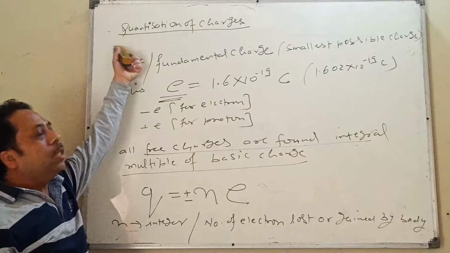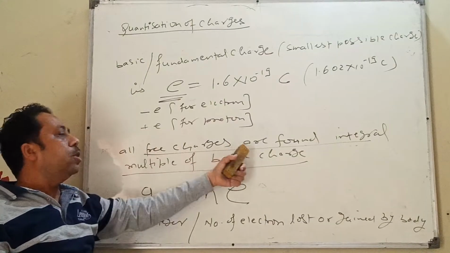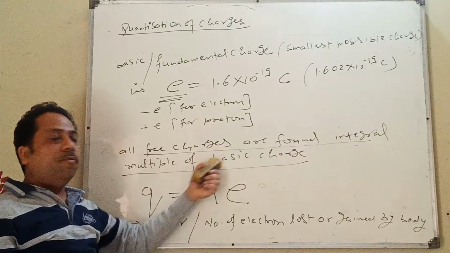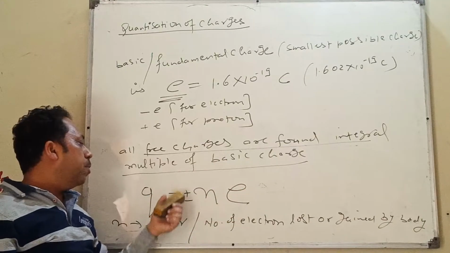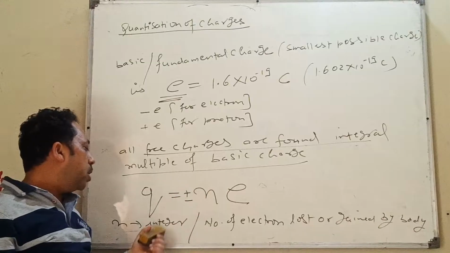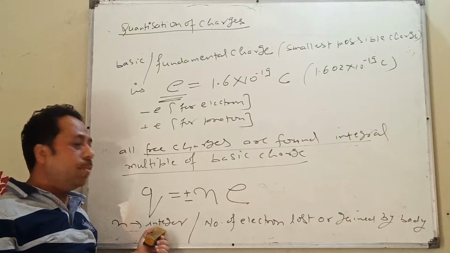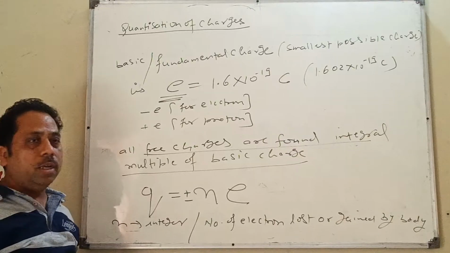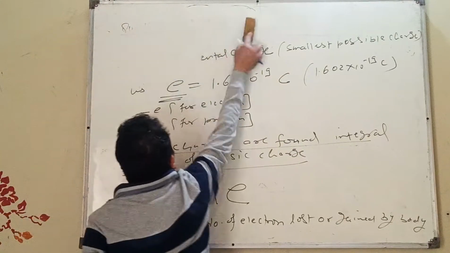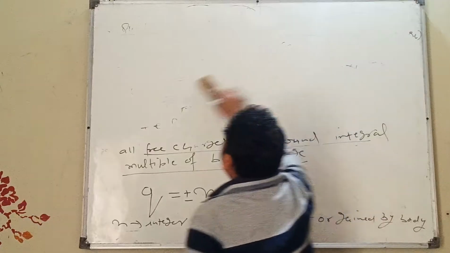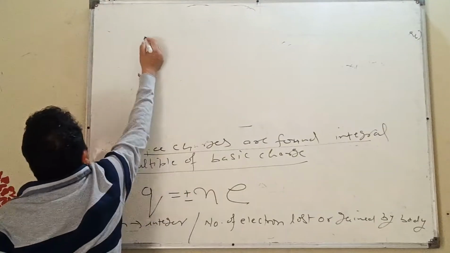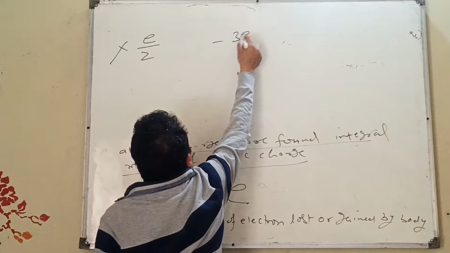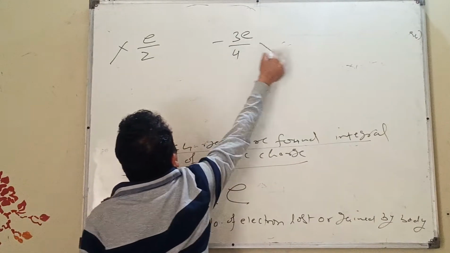And quantization indicates that all available charges will be integral multiples of that basic charge e. It can be positive or it can be negative. n is an integer, a whole number, or you can say the number of electrons lost or gained by the body. So quantization means the body cannot have, can a body have charge e by 2? The answer is no. Can a body have charge 3e by 4, negative 3e by 4?